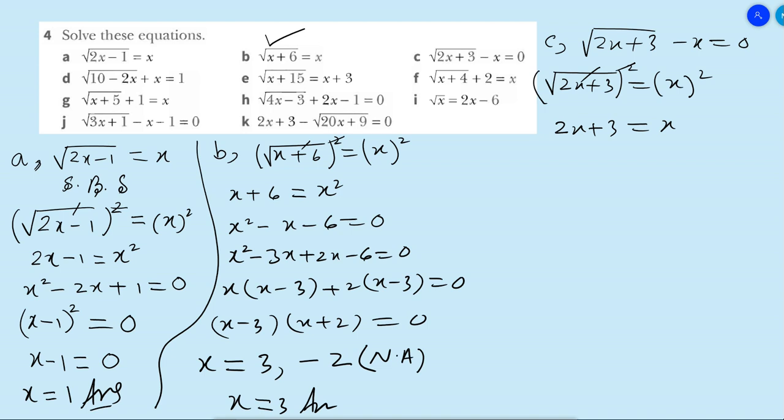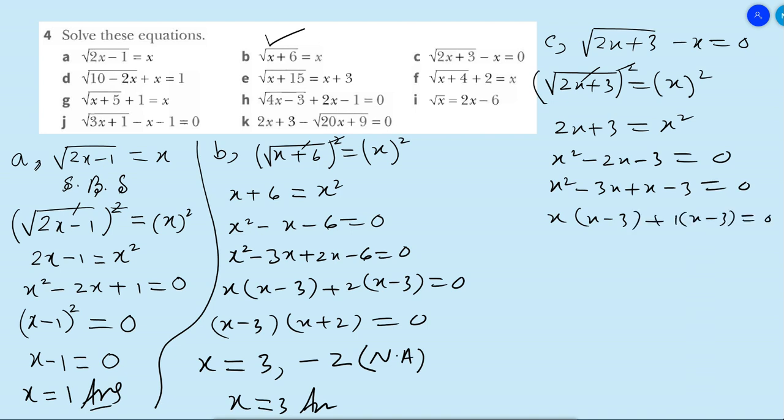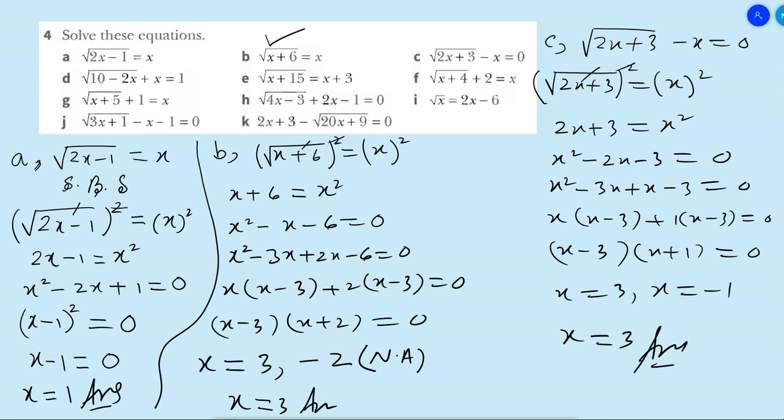Then x square minus 2x minus 3 is equals to 0. x square minus 3x plus x minus 3 is equals to 0. I am applying the middle term break method. x minus 3 times x plus 1 is equals to 0. x is equals to 3 and x is equals to minus 1. But the only answer is x is equals to 3. x is equals to minus 1 is not acceptable.